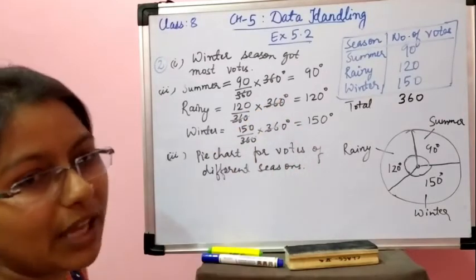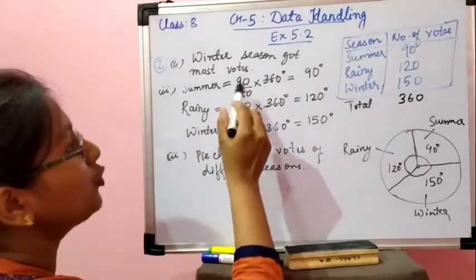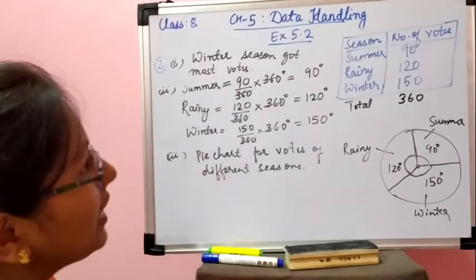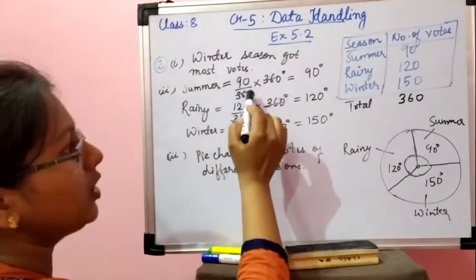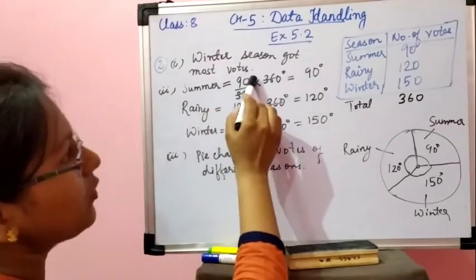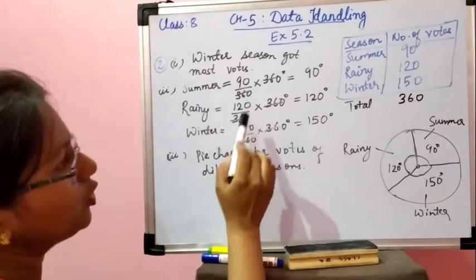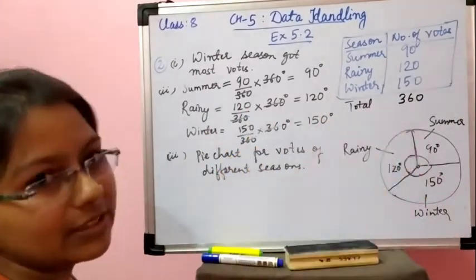And before multiplying by 360 degrees, you have to find out the fraction for that object. How are we finding the fraction? The value upon total. Like for summer it was 90 and the total was 360 degrees. Again for rainy the value was 120 and the total was 360 degrees.